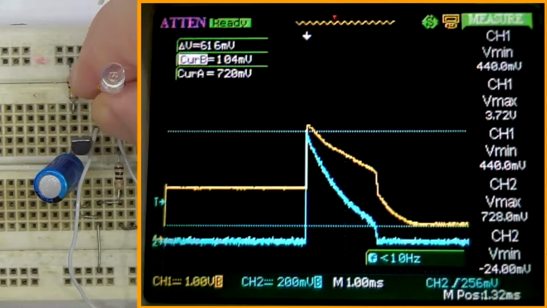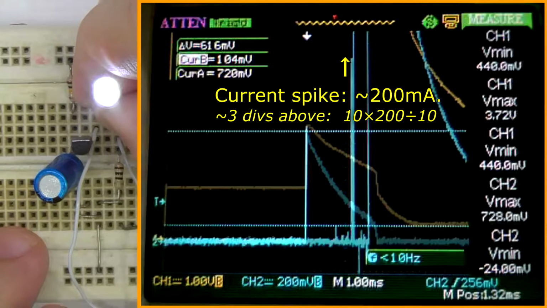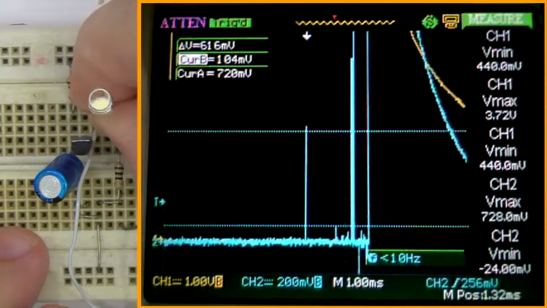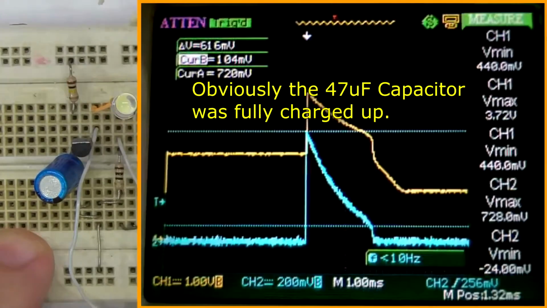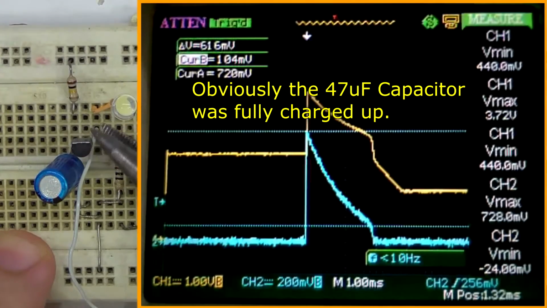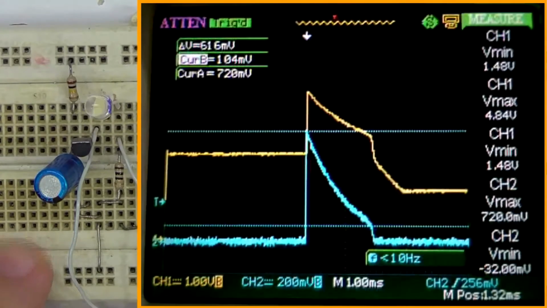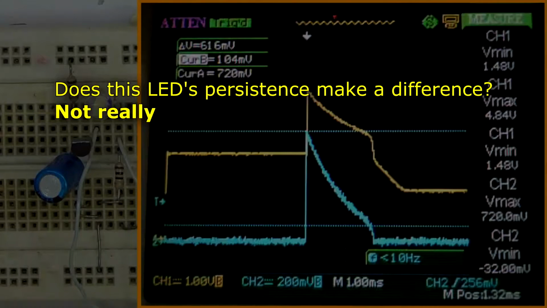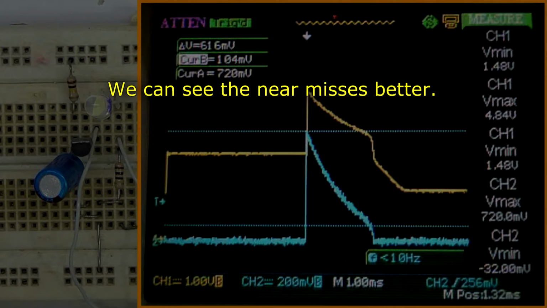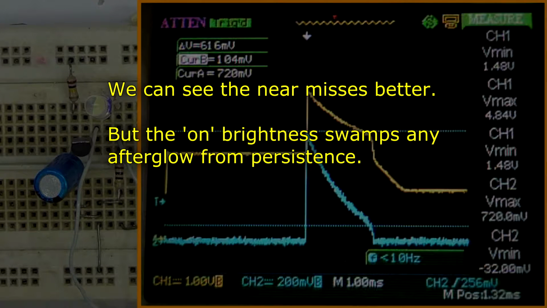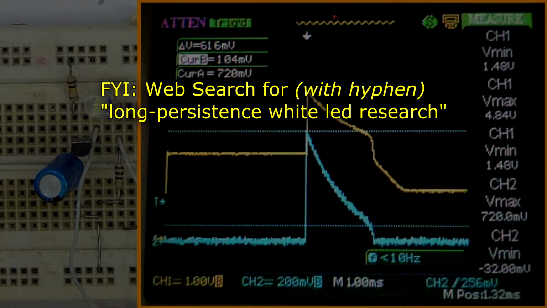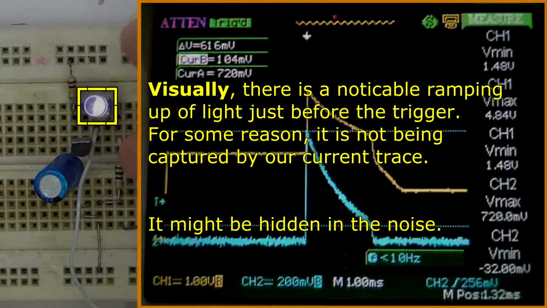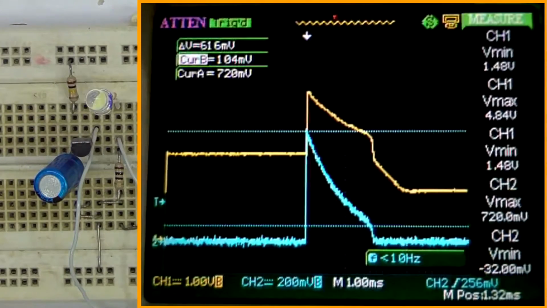Let's whack him in. Whoa. And what's that done to our oscilloscope traces?